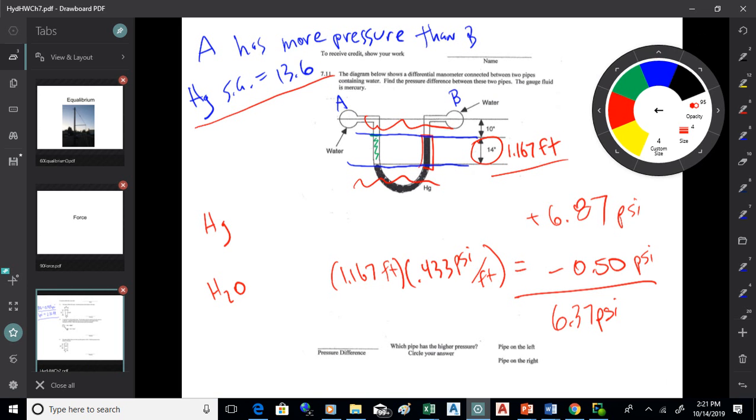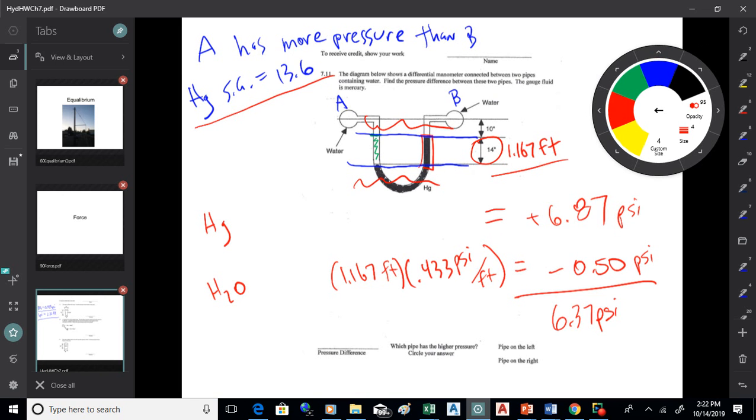And then I just look at what each pipe is doing. What B is doing is it's pushing 14 inches of water towards A. That's 1.167 feet times 0.433 psi per foot. That's half a psi. Now A is doing a lot more towards B because it's pushing mercury up. You can run the calculations on that, and what you should see that 14 inches of mercury causes is 6.87 psi.